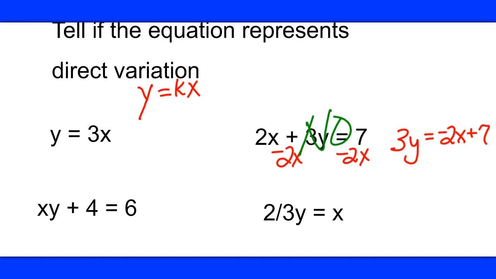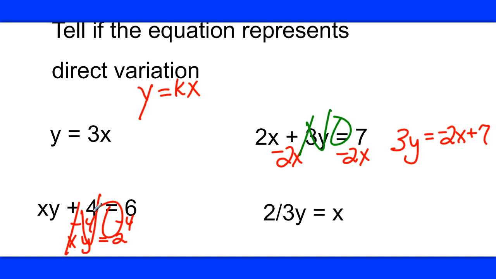Okay. Here I could subtract 4 from both sides, and that's going to give me xy is equal to 2. But again, there's no way that I can get that x over onto the other side and get the y by itself.